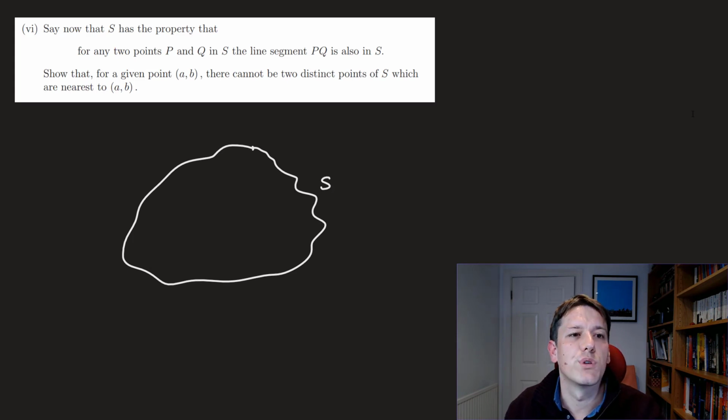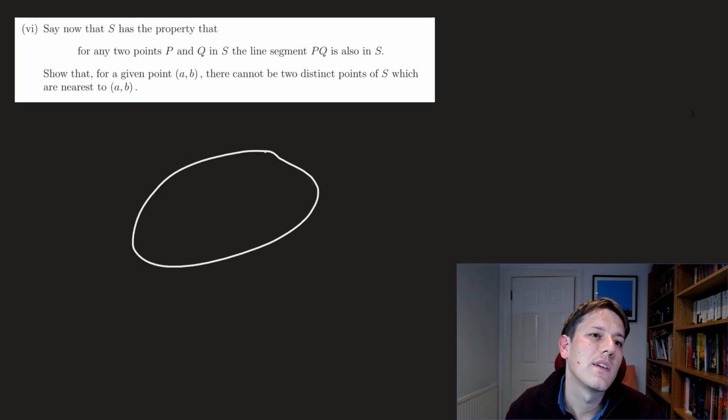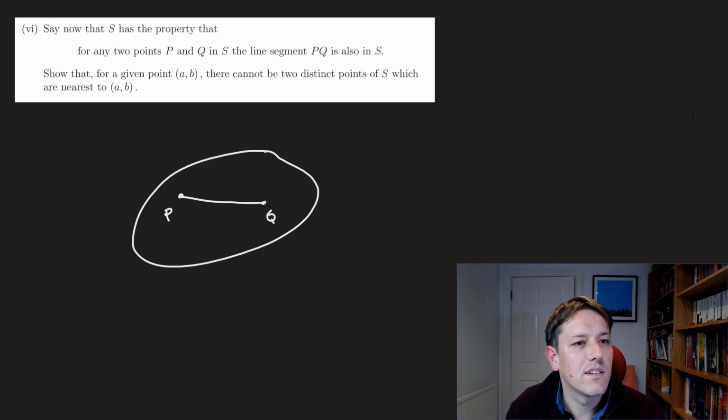Actually, I've immediately drawn an S that doesn't have the property because I could here choose 2 points, like here and here, where the line segment between them doesn't stay in S. So let's draw a more typical set of this form. And let's say I put point P here and point Q here, so we've got a set where the line segment is wholly contained in the set.